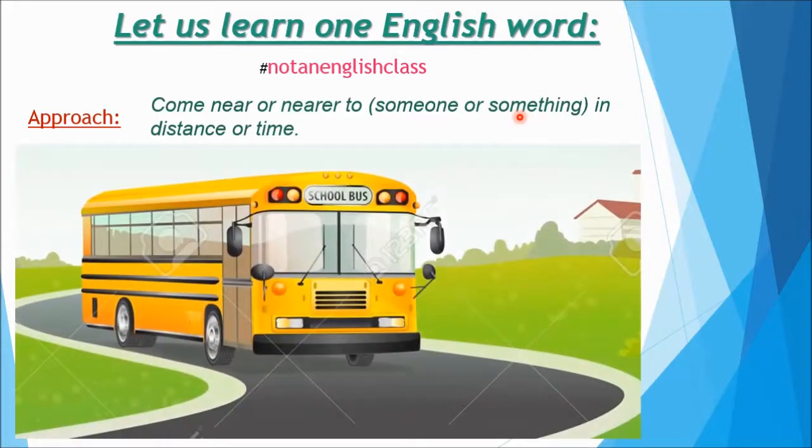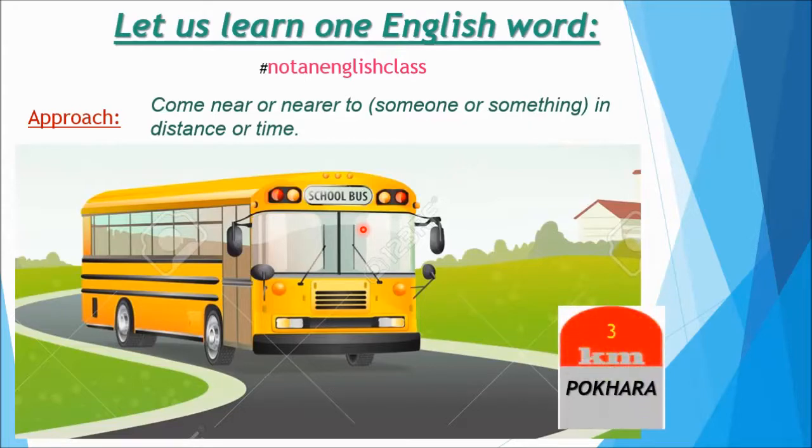This is a school bus, you can see, and there is a kilometer stone on the side of the road. 3 kilometer Pokhara. Still there are 3 kilometers remaining to travel by bus. But let me make one thing clear: the bus is not going to Pokhara. Its destination is not Pokhara.